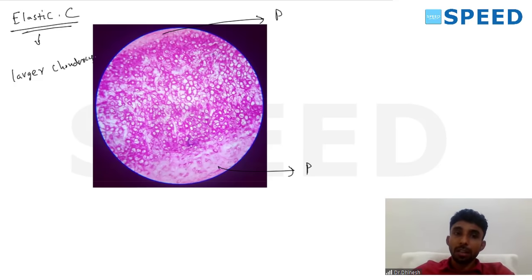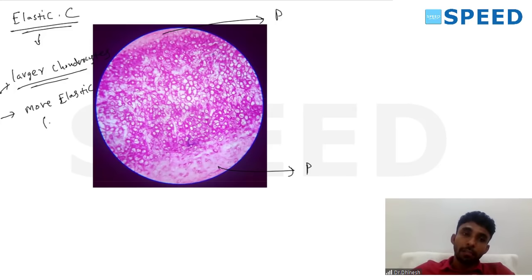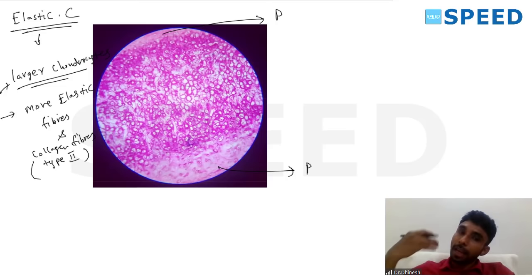And obviously the elastic cartilage will have an abundance of elastic fibers, and the collagen fibers also will be there. What type of collagen fibers? Type 2 collagen fibers, similar to hyaline cartilage.